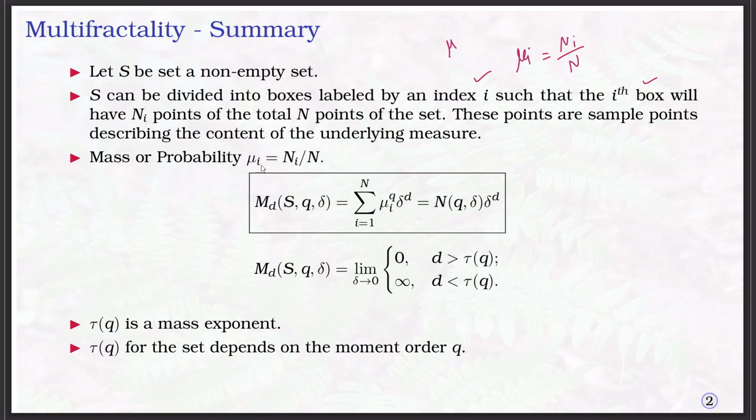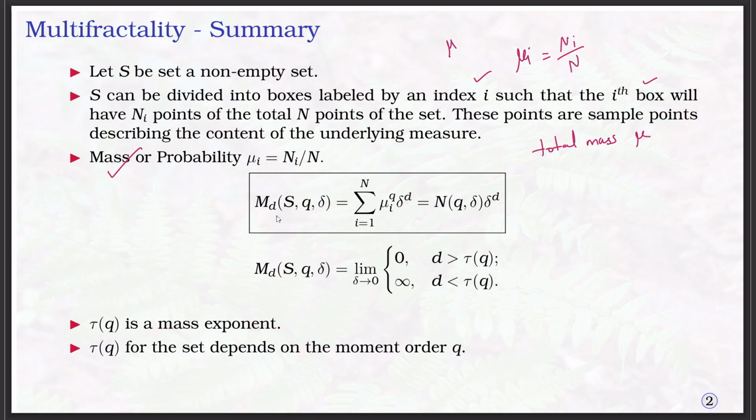Then this mu i we can call the mass or the probability mu i, so that the total mass we can get as mu.